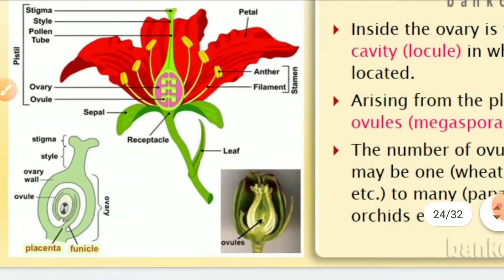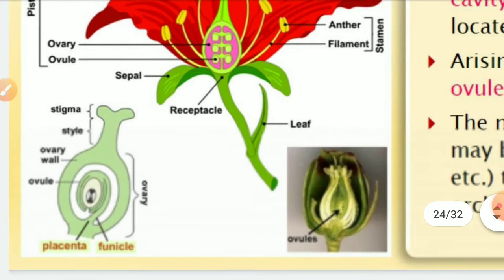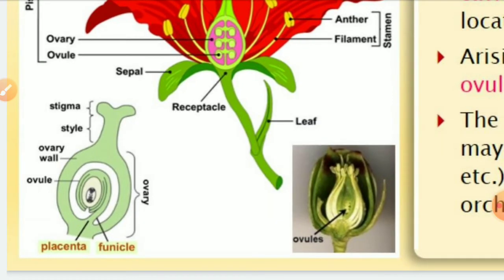You can see in this diagram the structure of a typical ovary. The placenta is there, and attached to it is a funicle. The funicle is a connecting link between the placenta and the ovule.